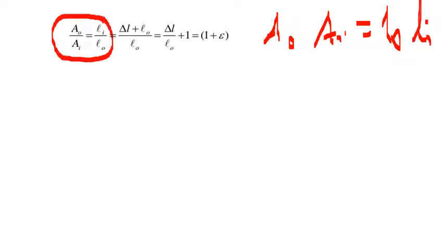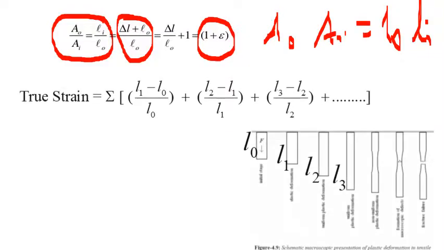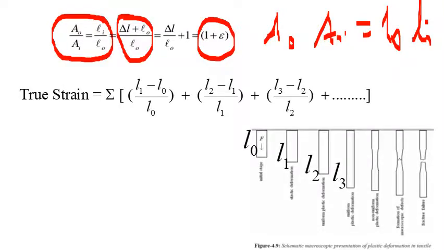Taking the ratios, we write the same thing with delta L and L naught, and we get 1 plus epsilon naught. Whatever we did in the previous slide, we will have in the same way. Now we need to find what is epsilon naught T.